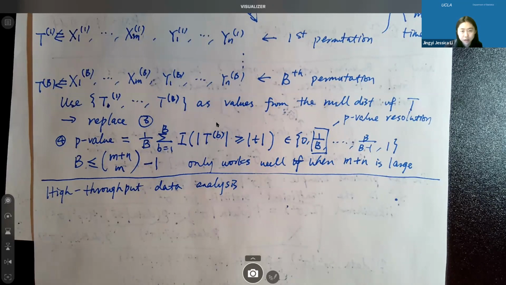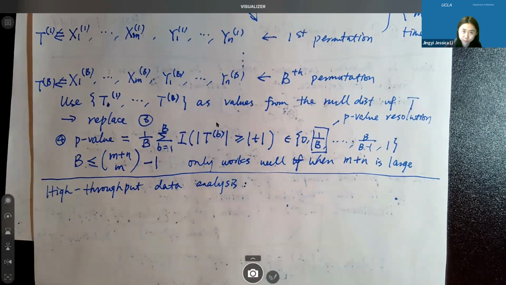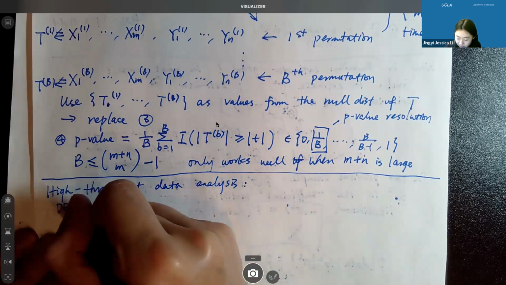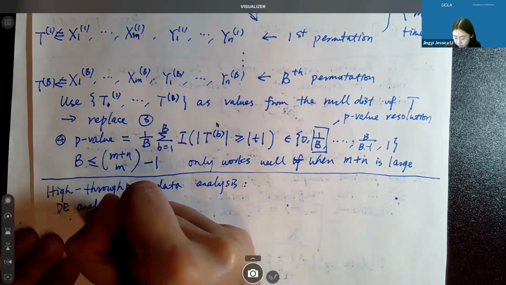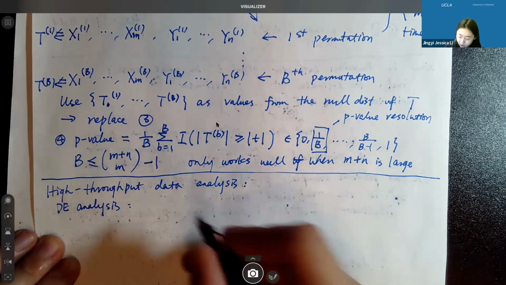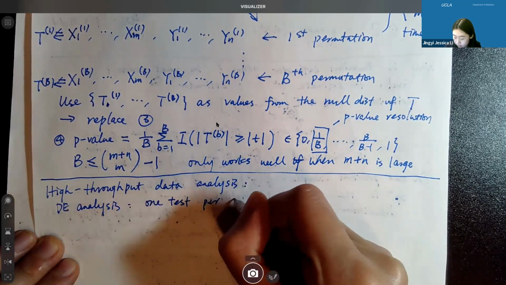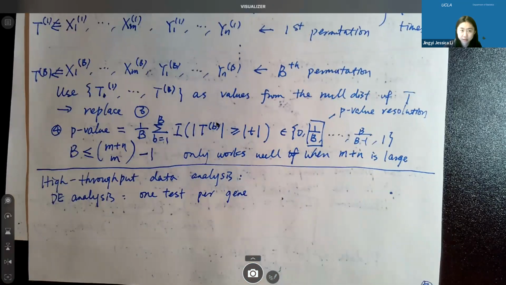That's high throughput. So therefore, in this case, when we do the differential gene expression analysis, say DE analysis, we were actually doing one test per gene. For each gene, we check if it's differential or not, right?